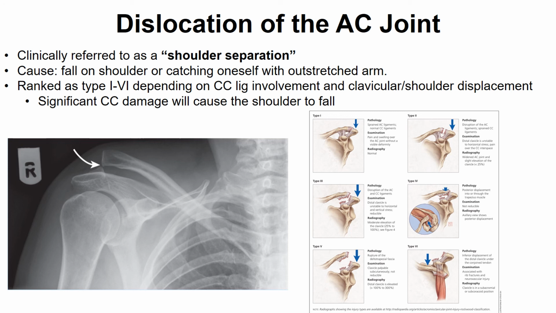Basically, if you tear both the coracoclavicular and also the acromioclavicular ligament at the AC joint, you can cause superior movement of the clavicle or inferior movement, where inferior movement of the clavicle is the most severe and most damaging.